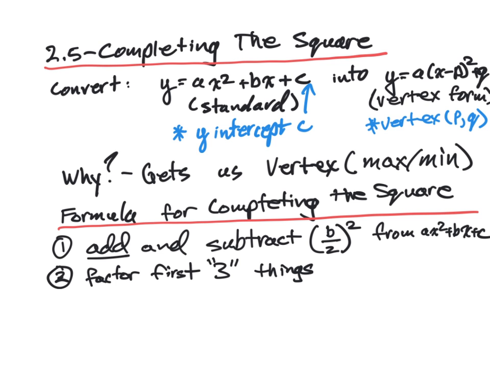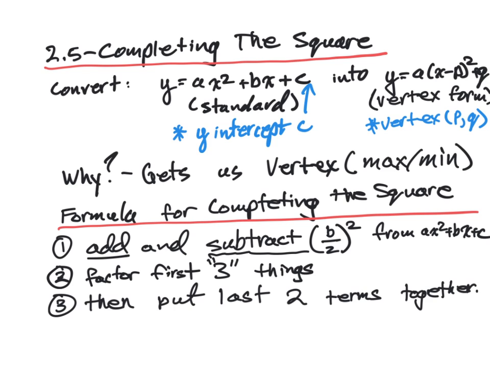Now remember what I said before. You must add and subtract first. You notice how I emphasized add and then we subtracted afterwards? That b over 2 squared from this equation here, right? We need to use that, but we need to make sure we do the add and subtract in our equation first. Then we put the last two terms together.